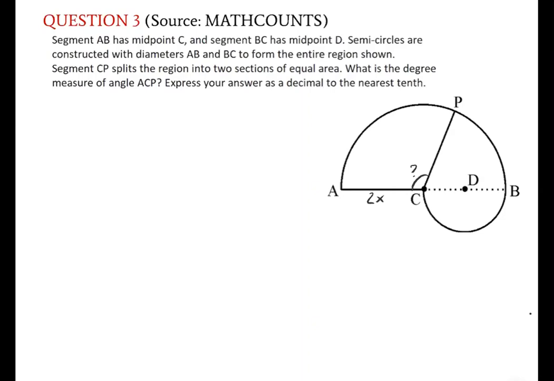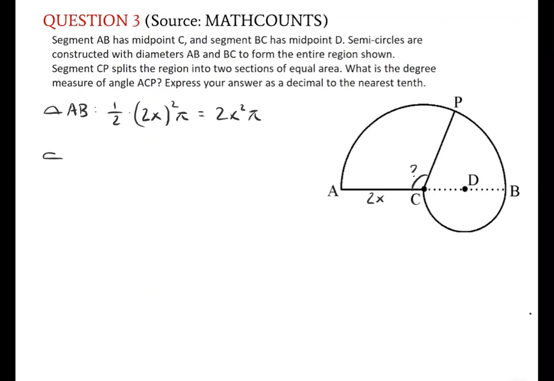That means that the area of the semicircle AB, which is this thingy, will be half times 2x squared times pi. That's equal to 2x squared pi.